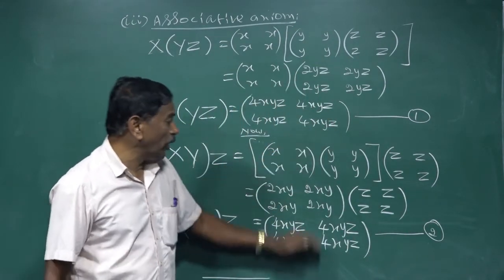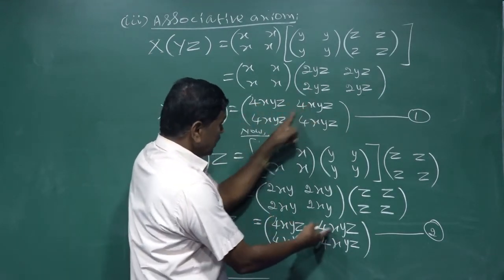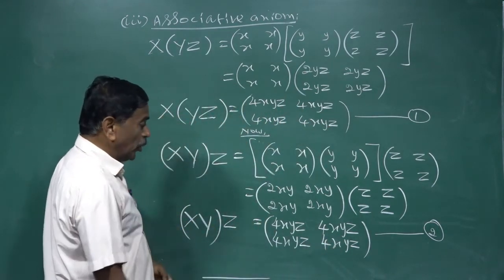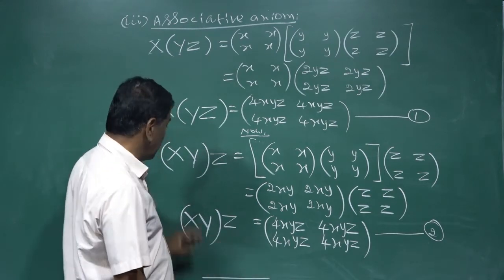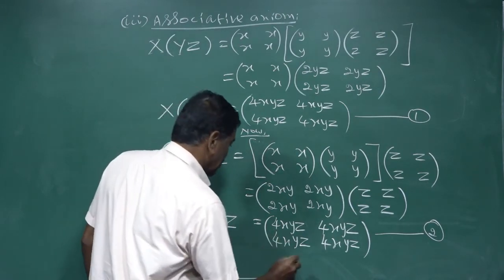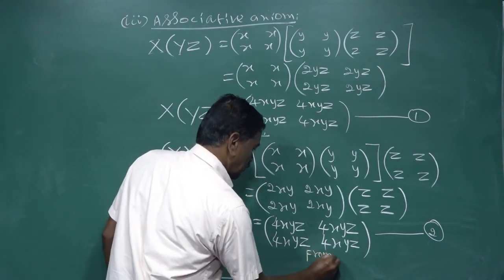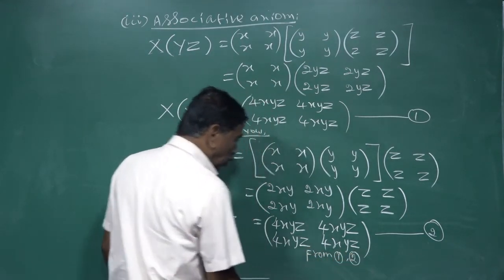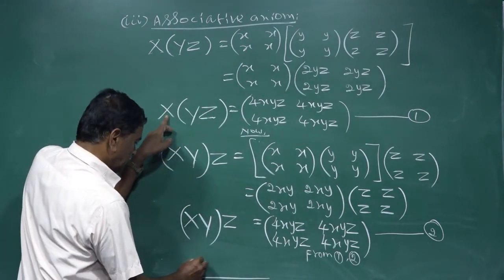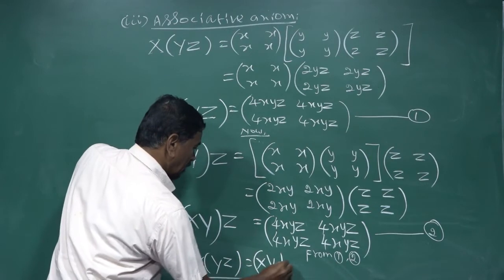Now, from 1 and 2, by inspection, both give 4xyz. So the right hand sides are equal, therefore the left hand sides are equal. From 1 and 2 it is clear that x into yz is equal to xy into z.